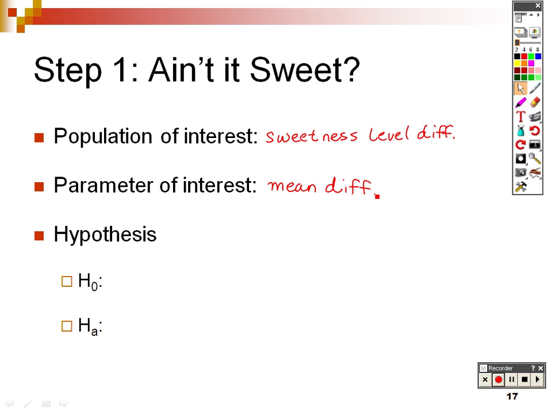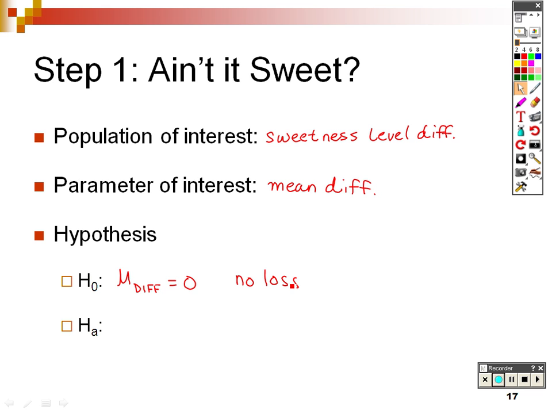So we have a null hypothesis. Remember, the null hypothesis is always something that is easily testable. And in this case, it's going to be that the mean difference is 0. And that refers to there being no loss. Equal sign always means it's easy to test.